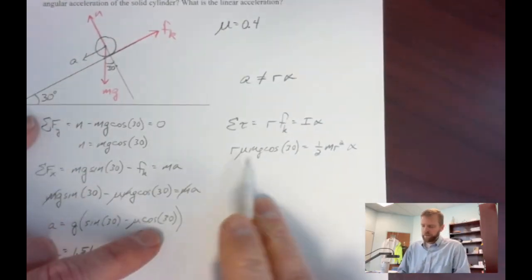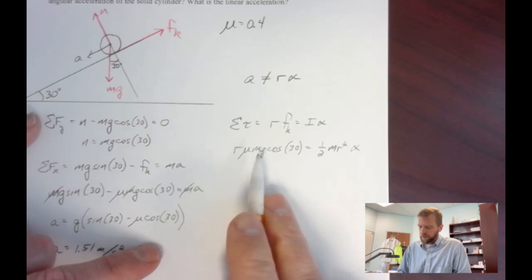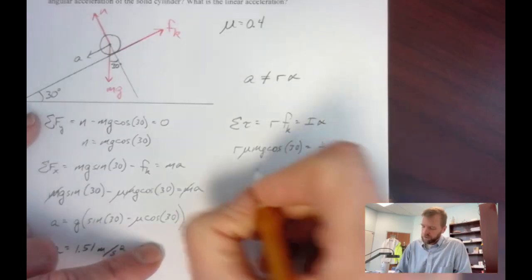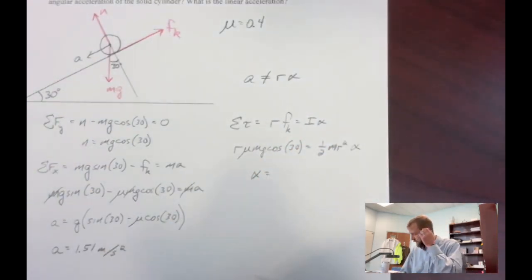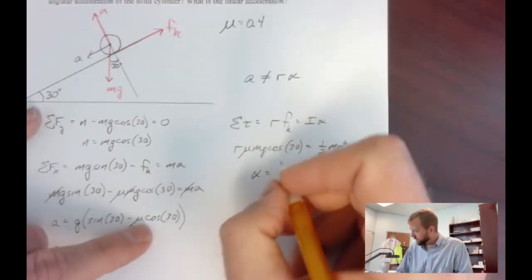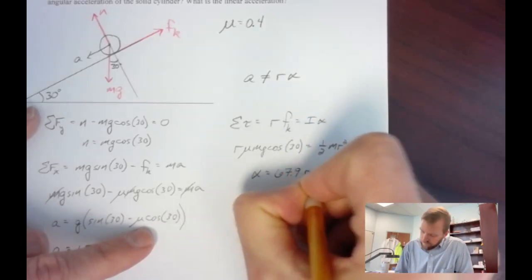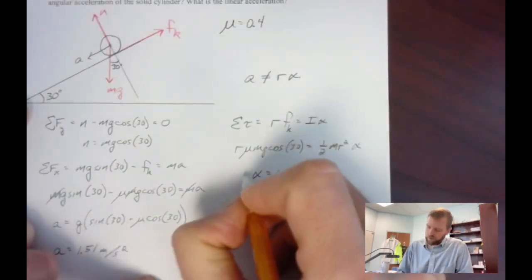And then we know everything in this equation. We know R, we know M, and we know g. So we can solve for alpha. And alpha for this problem is, I got 67.9 radians per second squared.